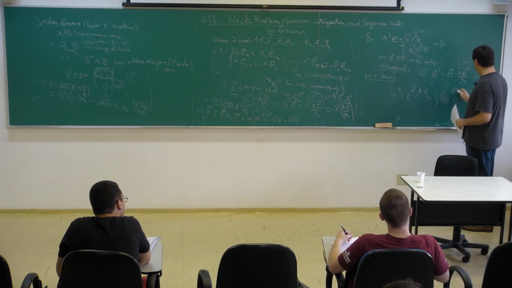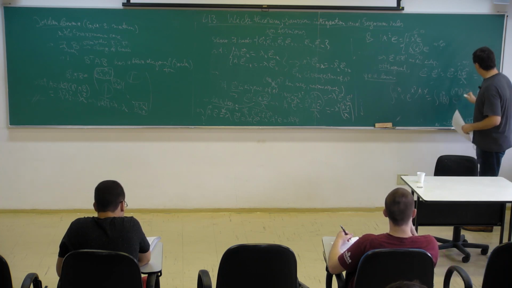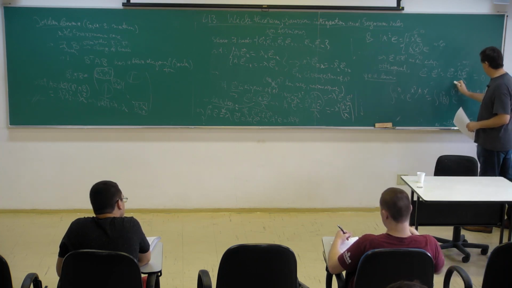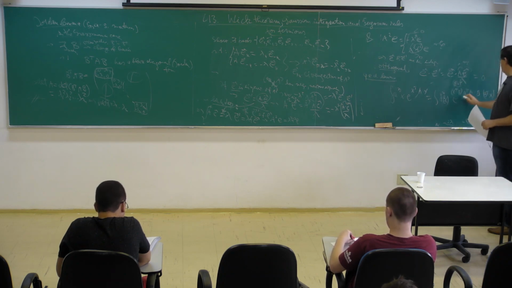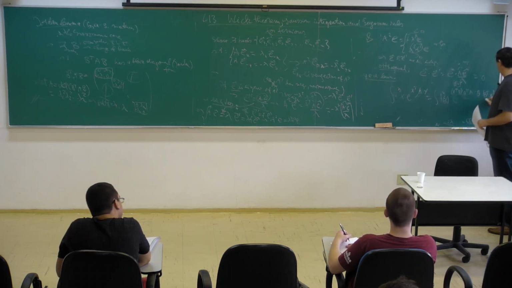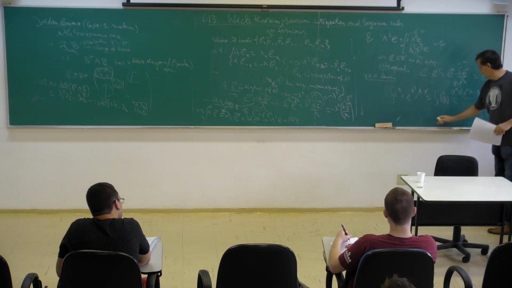So X transposed B. This is X, B transpose X transposed. And then the point is that this result is equal to X transpose A X, because B transpose is 1. Okay?